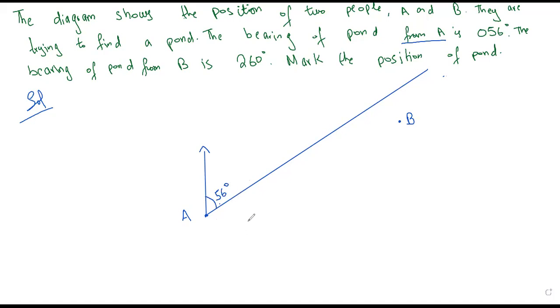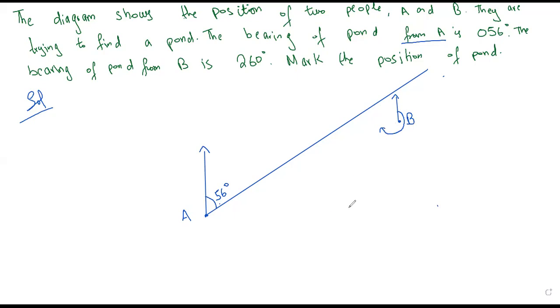The bearing of pond from B is 260 degrees. Again, I am going to make north on this B, and the angle is 260 degrees. So the angle, I'm going to start from here, it would be in the clockwise direction. So it would be somewhere here, right? So this much angle is 260 degrees.